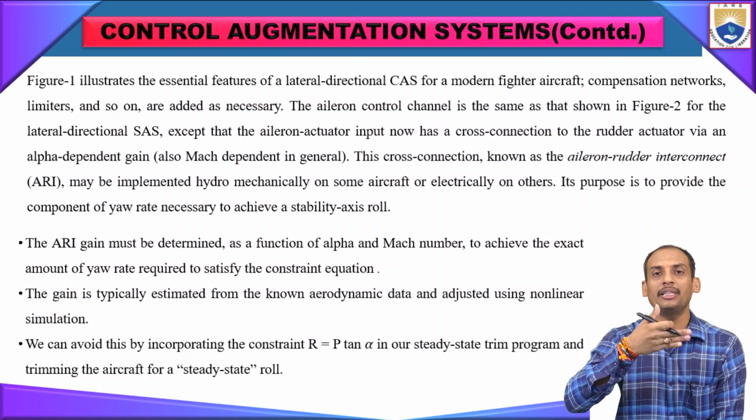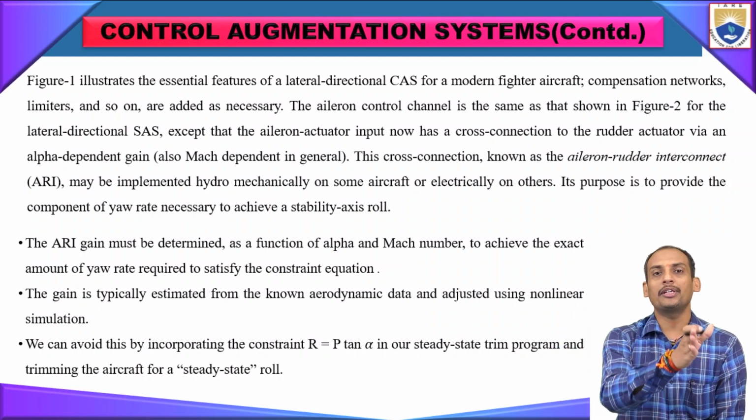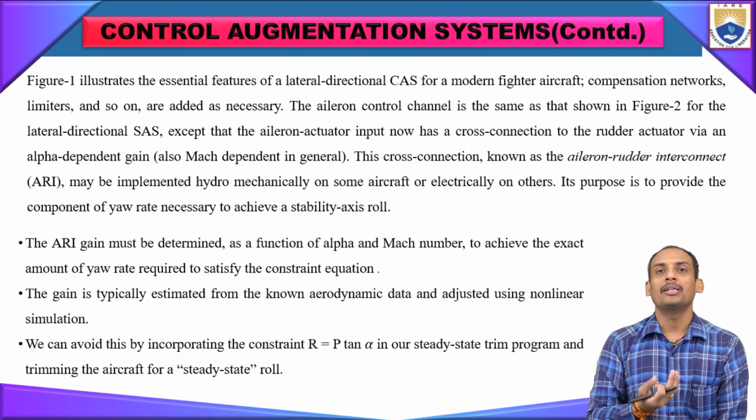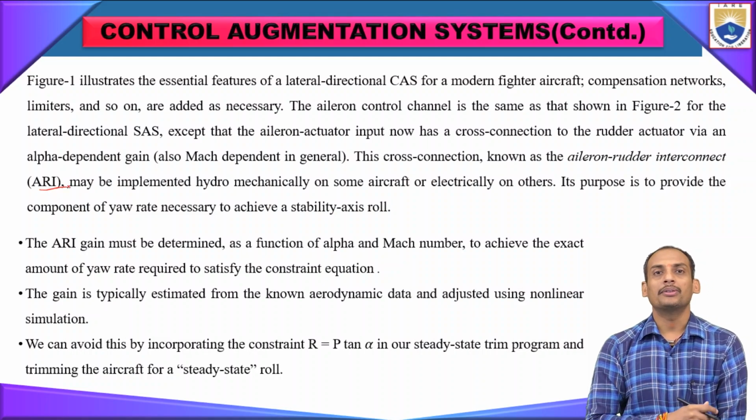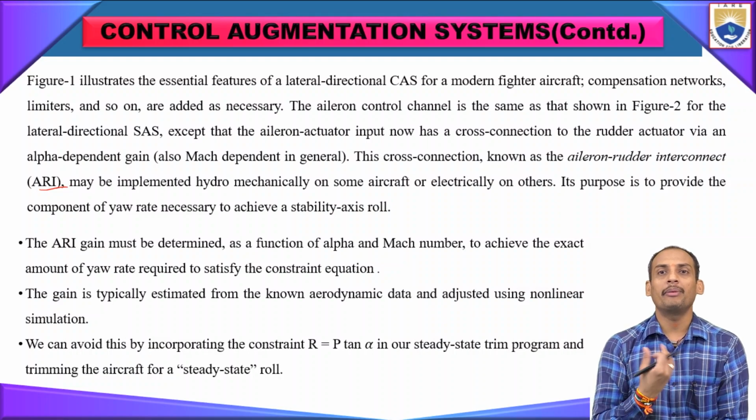The rudder motion should be augmented with respect to the movement taken at higher altitude and higher pitching rates. That is called the ARI. It may be implemented hydromechanically in some aircraft and electronically in other aircraft.